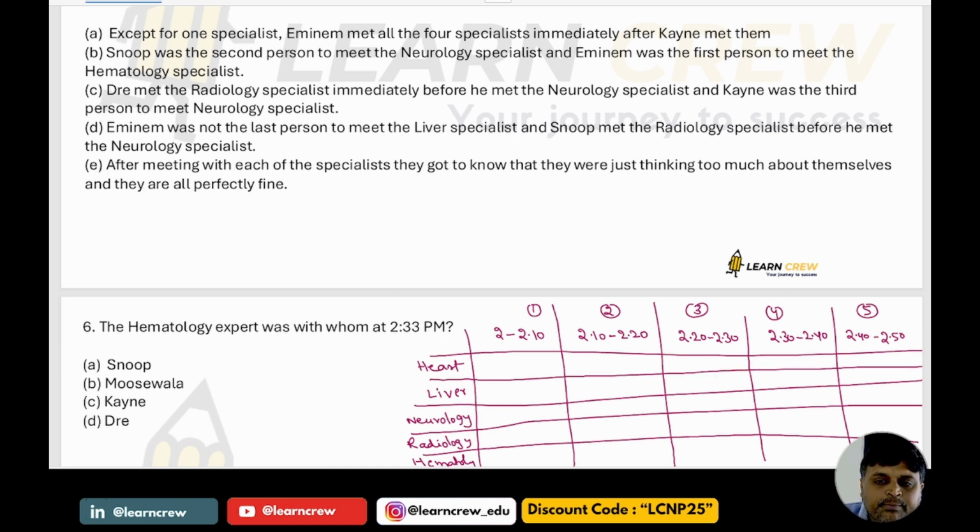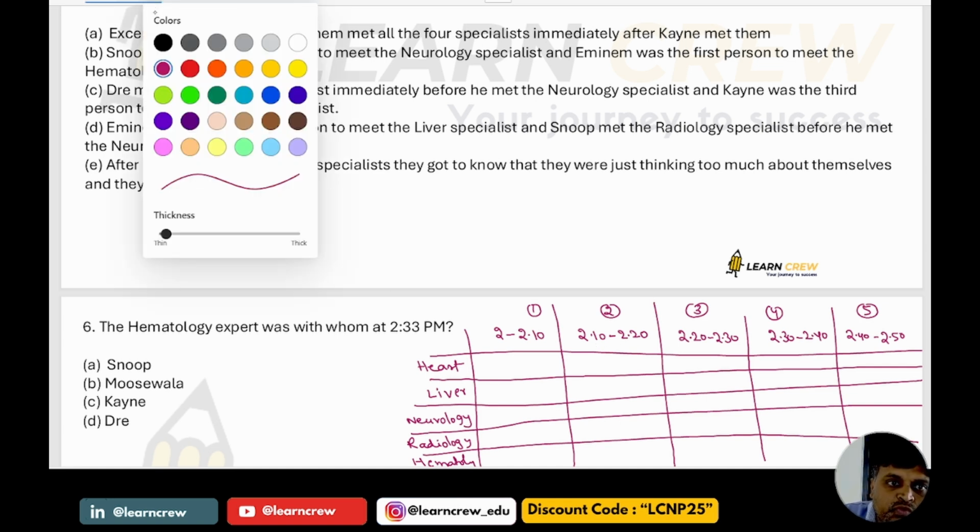Please see what is given. Except for one specialist, Eminem met all the 4 specialists immediately after Kane met them. It is given that Snoop was the second person to meet neurology. Second slot means what? 2:10 to 2:20.